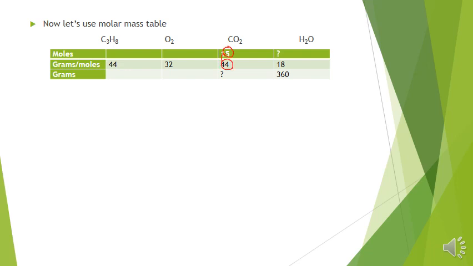So I do 44 15 times for 660. So that was problem number 1. In the second problem, if I start with 360, I divide it up into groups of 18, and I end up with 20 moles. Okay, so we're going to use this molar mass table to help us with our problems.